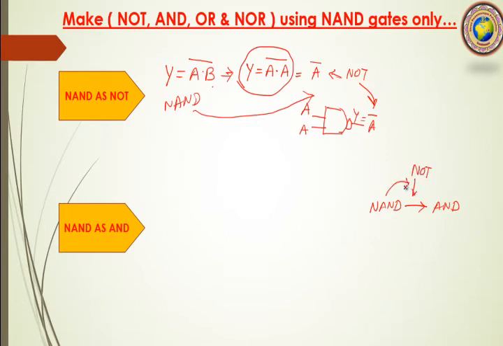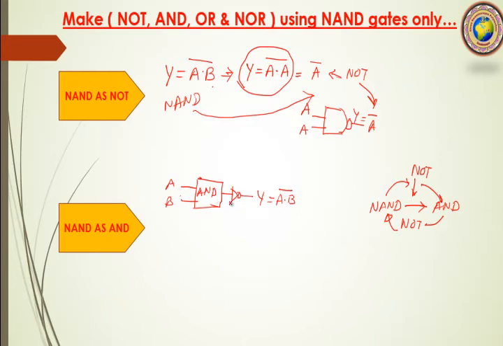So for two inputs A and B, we give them to the NAND gate, and then invert, and it is Y is equal to A dot B bar.